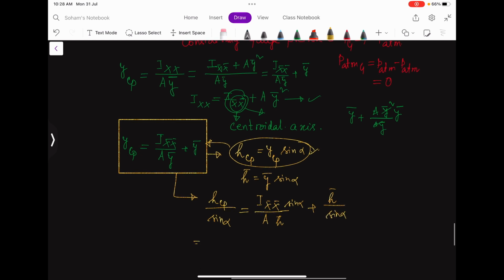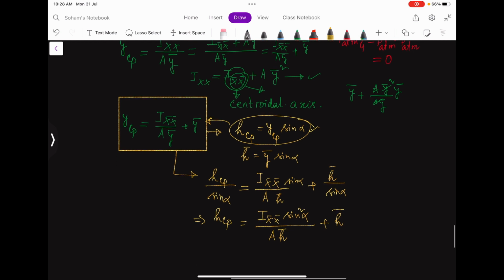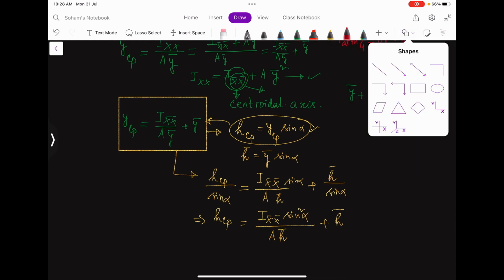So that means HCP is equal to I x bar sine square alpha by A h bar plus h bar. So this formula is also very important.